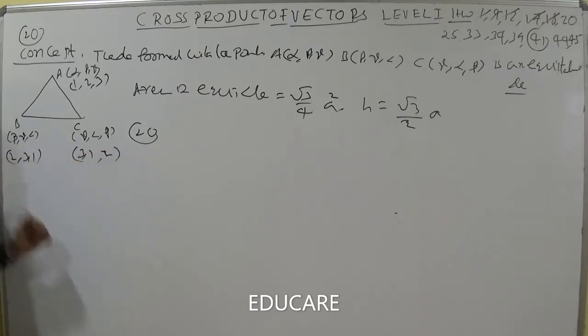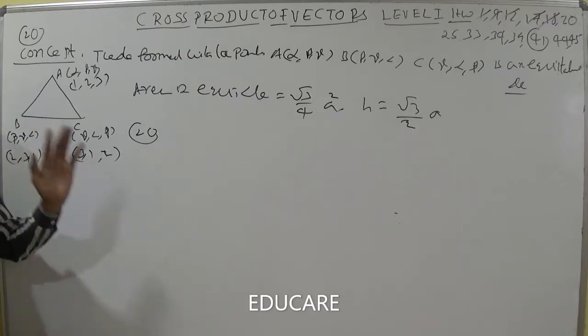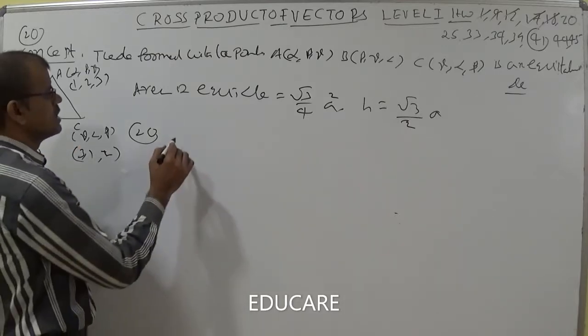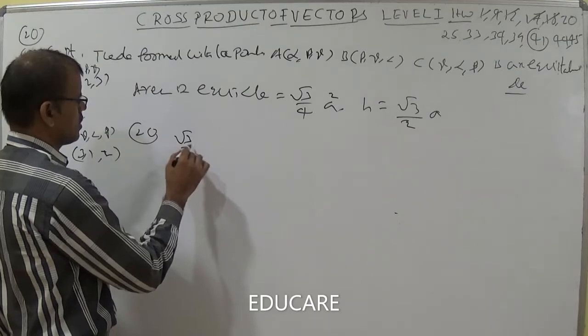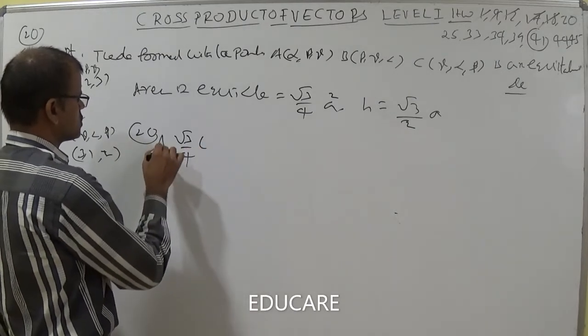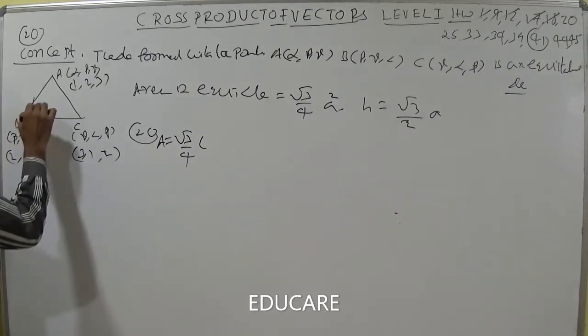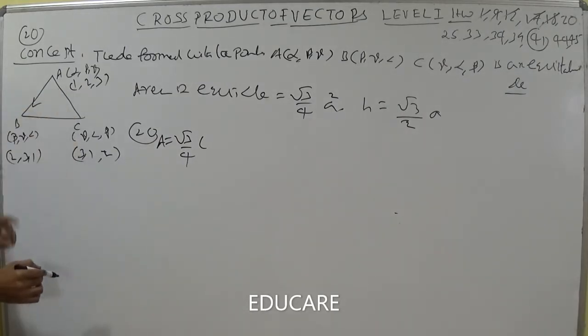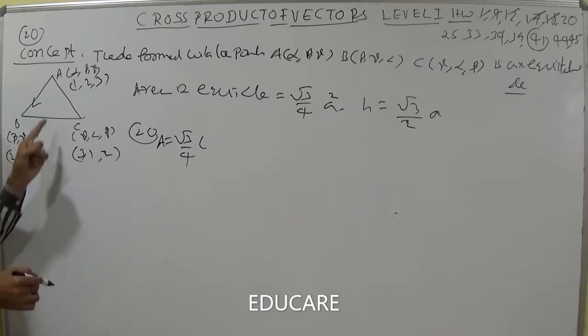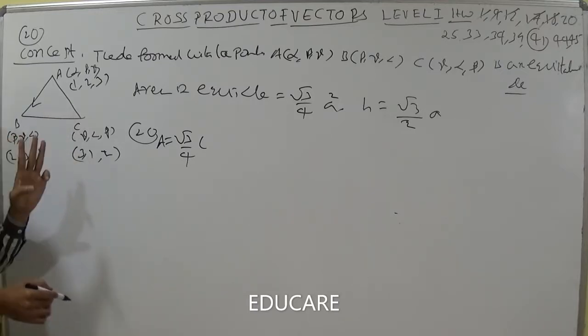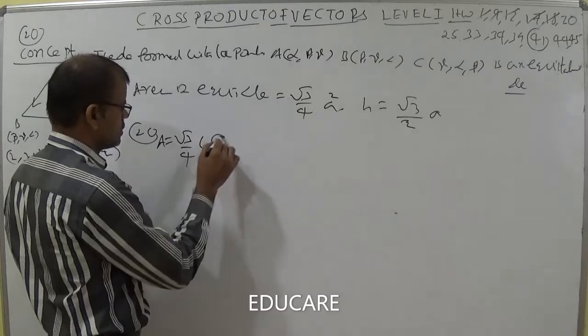Using the vector concept you can write 1 by 2 modulus of AB cross AC and you will get the answer, and easily you can calculate here root 3 by 4 into A square as the area. What is A? Distance between A and B: (2 minus 1) whole square 1 plus (3 minus 2) whole square 1. So 1 plus 1, and (3 minus 1) whole square 4. 1 plus 4, it is root 6.